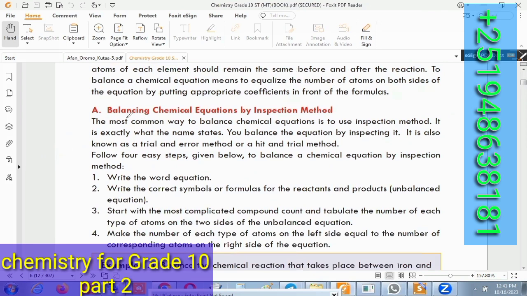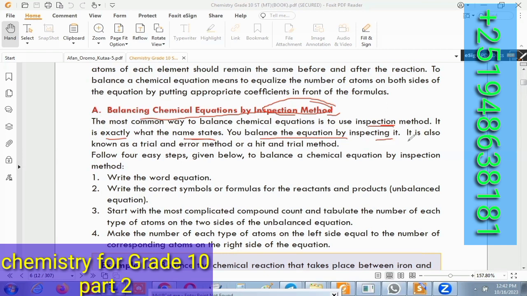Now let us see balancing chemical equations by the inspection method. There are different methods. The most common way to balance a chemical equation is the inspection method. It is exactly what the name states: you balance the equation by inspecting it.